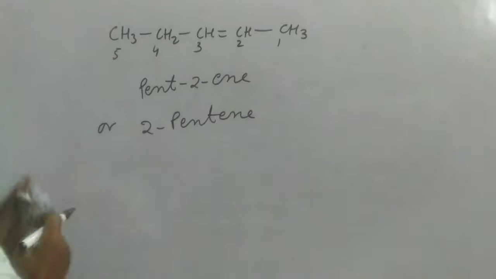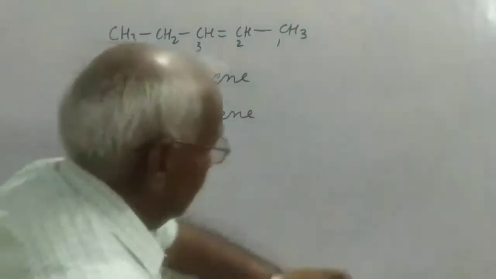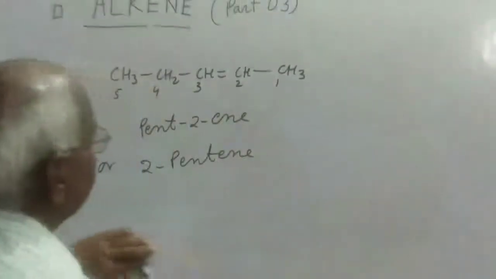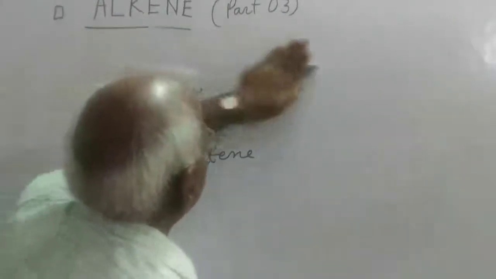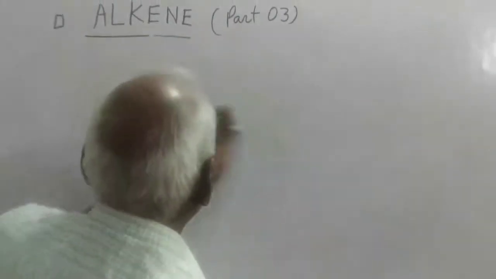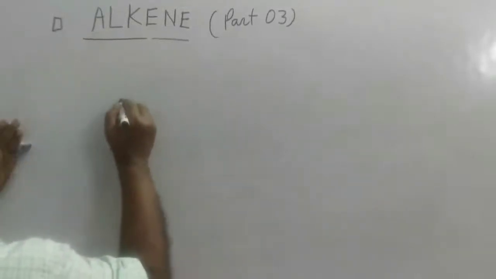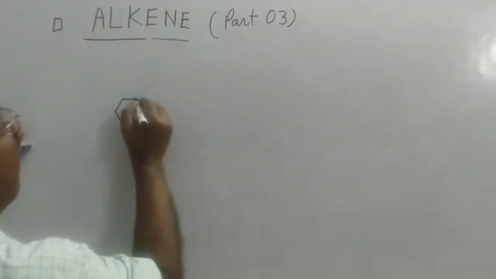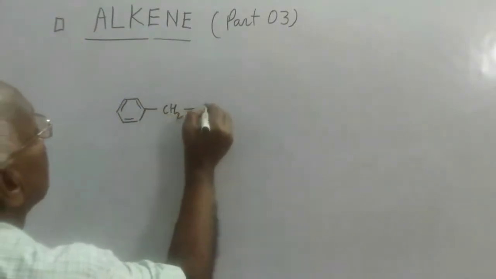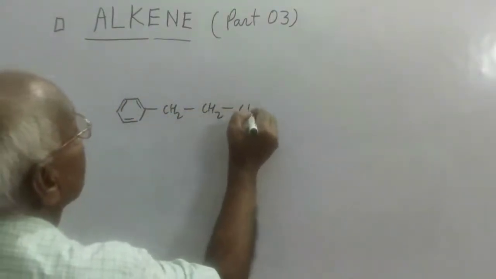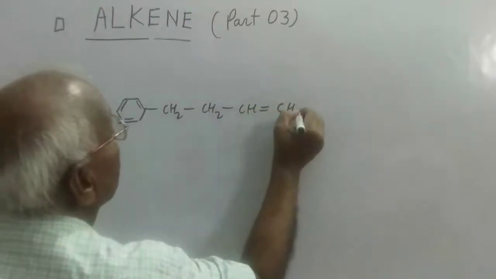Now see the examples where a side chain is present. For example, take a fresh example with CH2, CH2, CH, CH2.